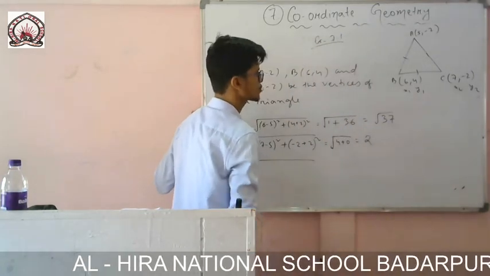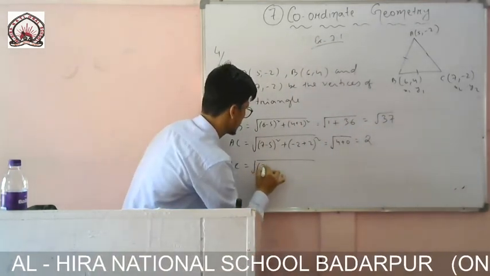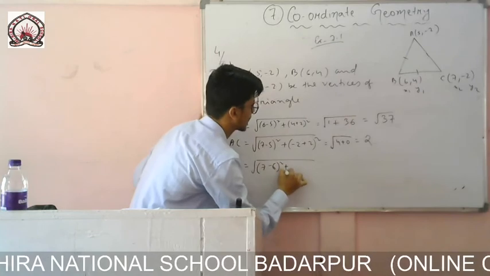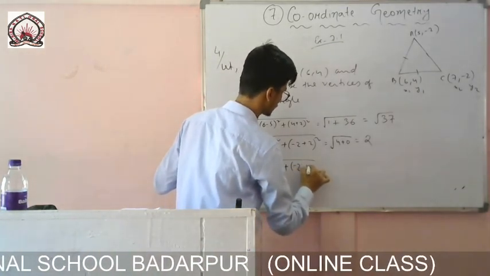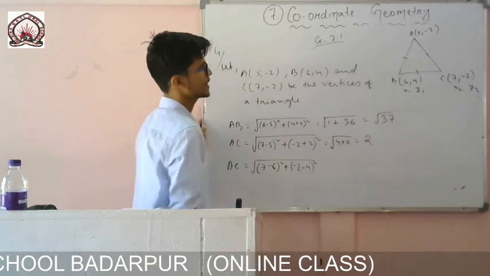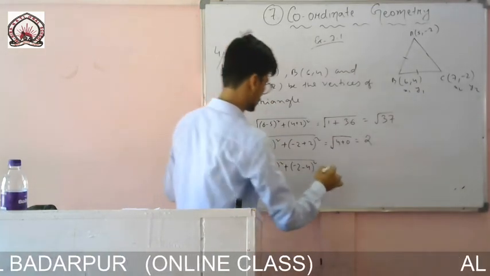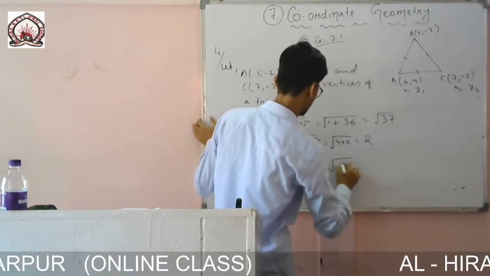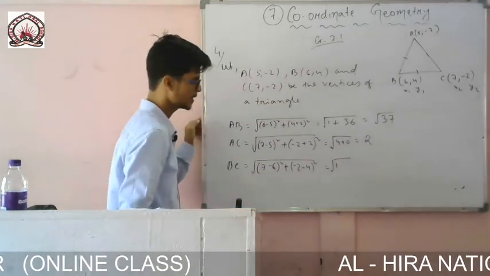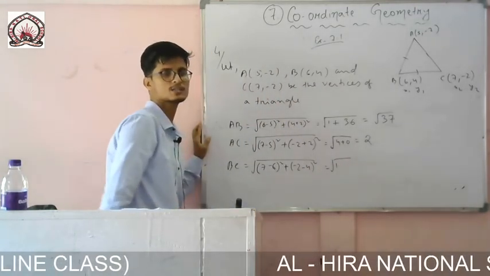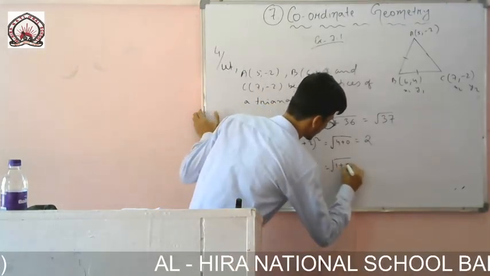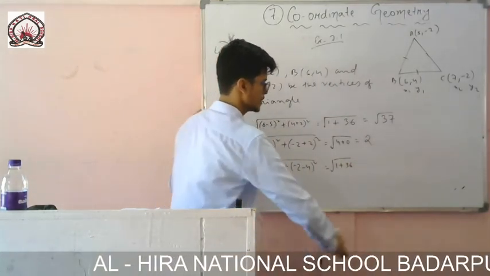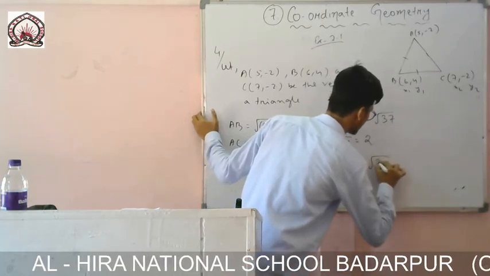So x2 minus x1, that is 7 minus 6 whole square, plus minus 2 minus 4 whole square. So 7 minus 6 is 1, square the value will be 1, and minus 2 and minus 4 is minus 6, minus 6 square is 36. In between it will be a plus sign, so it is root 37.